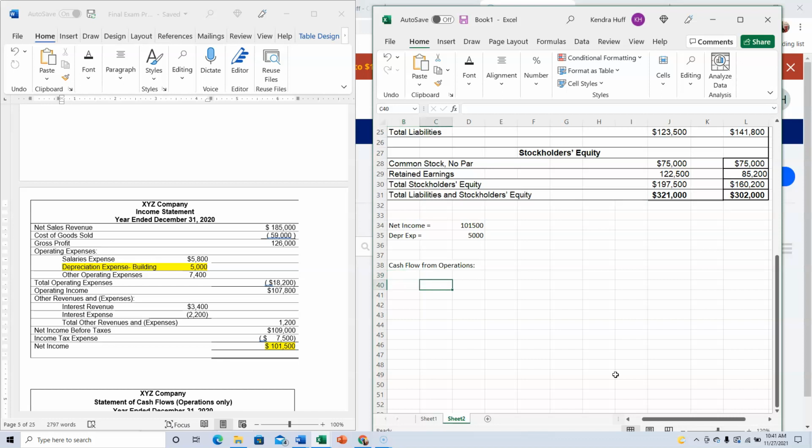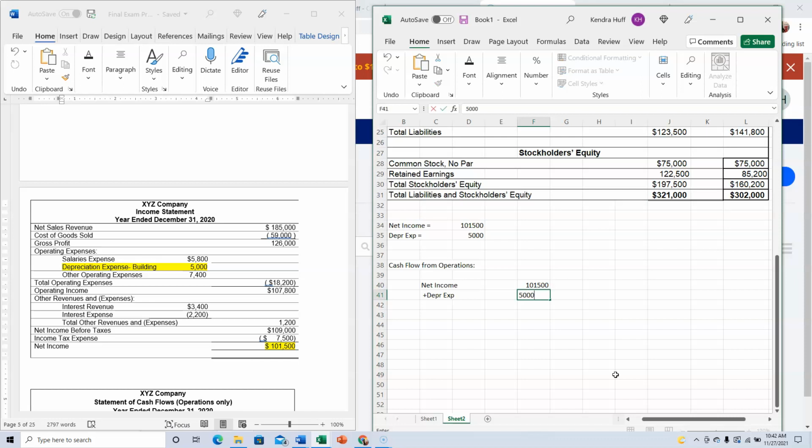So you start with net income, which was the 101,500. And the first thing you want to do is add back depreciation, because it's a non-cash transaction.